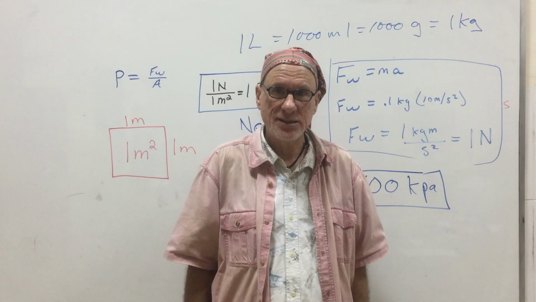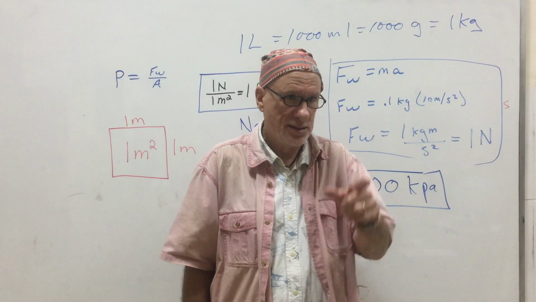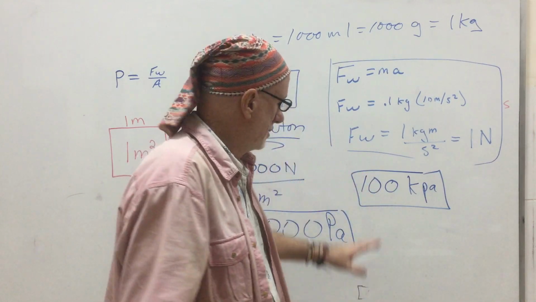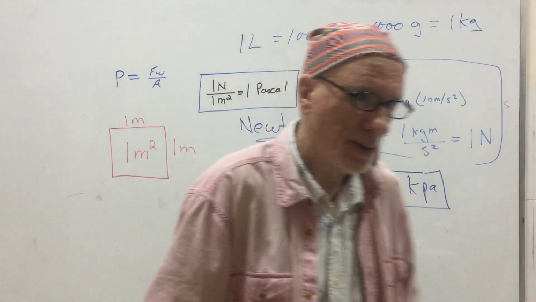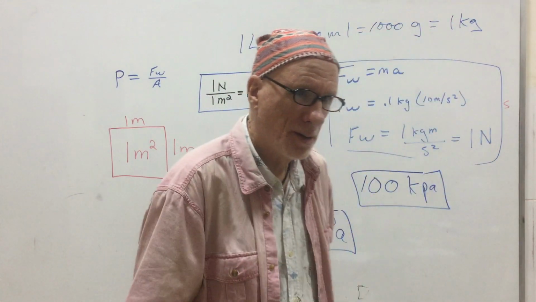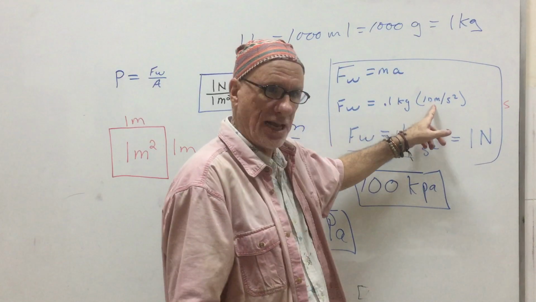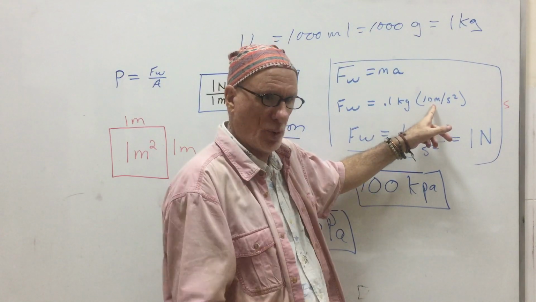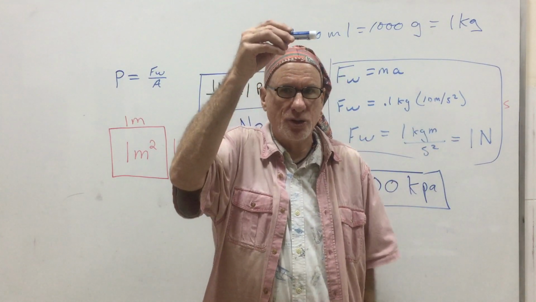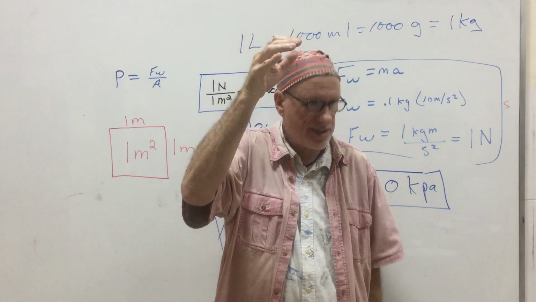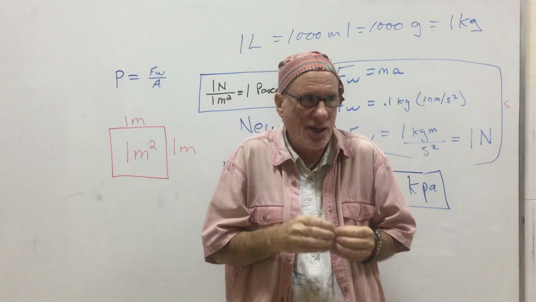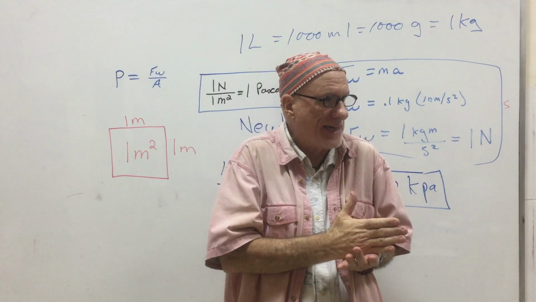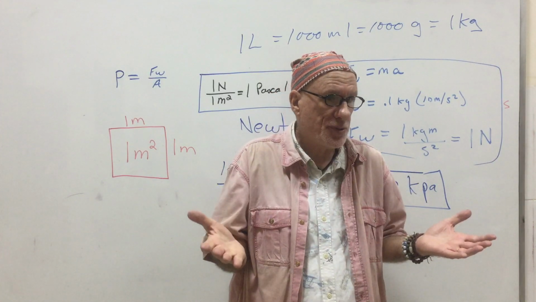Any questions? Yes? For that example, did you just take a random acceleration? No, that's the acceleration due to gravity. That's a very good point. This pen is going to accelerate at 10 meters per second every second. So after 1 second, how fast is it going? 10 meters per second.